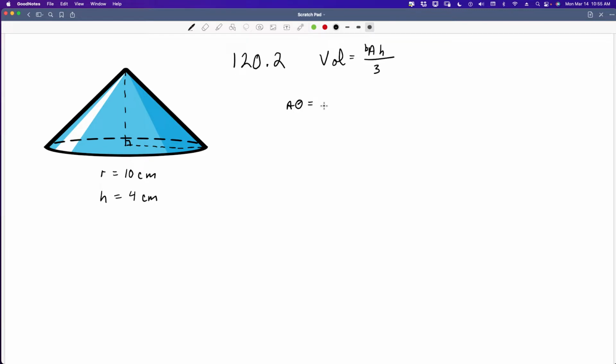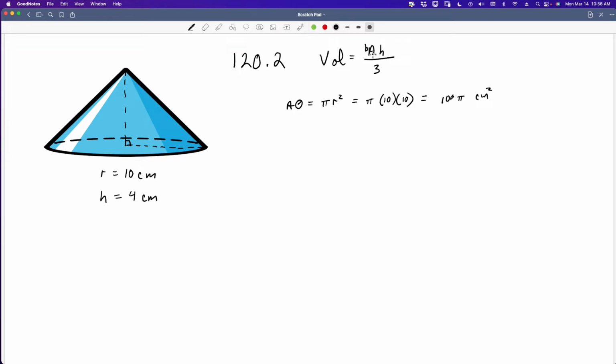So we're going to find the area of the circle. And the way we find the area of a circle is pi r squared. So we're going to say pi times the radius of 10 times the radius of 10. Right? So that is going to equal 100 pi centimeters squared. So there's our base area right there.